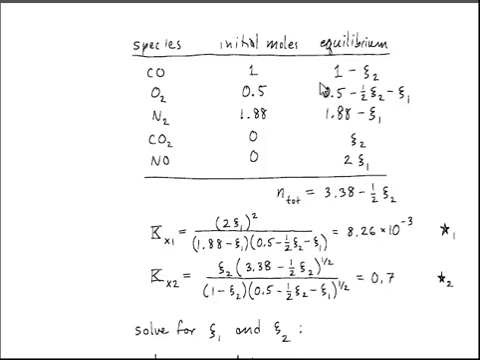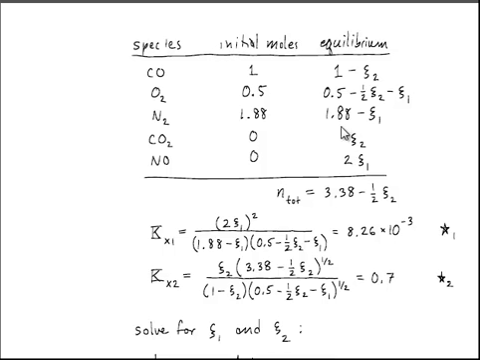So we have 0.5 moles minus 1/2 mole each time a mole of the second reaction occurs, and a single mole of oxygen gets consumed each time a single mole of the first reaction, the one that makes NO gas, occurs. Okay, so how much of the products do we have?